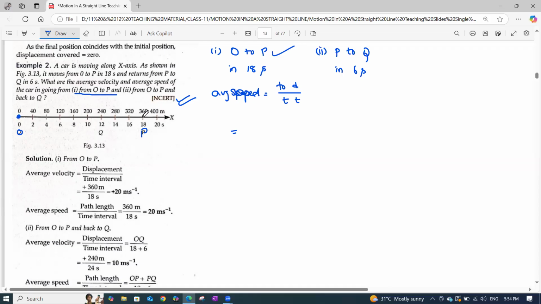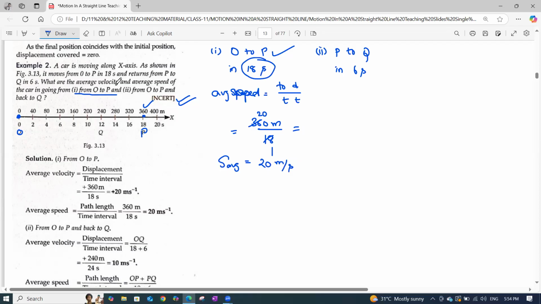Total distance is 360 meter upon the total time taken O to P, that is 18 seconds. 360 upon 18, 18 ones, 18 twos, 36. So the average speed S avg is equal to 20 meter per second, that is the SI unit.